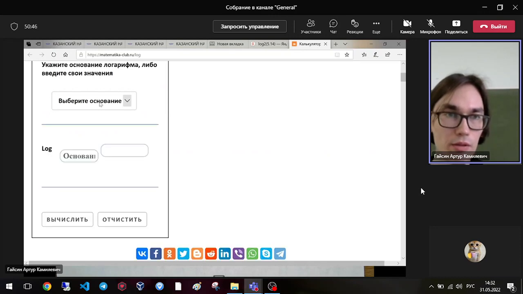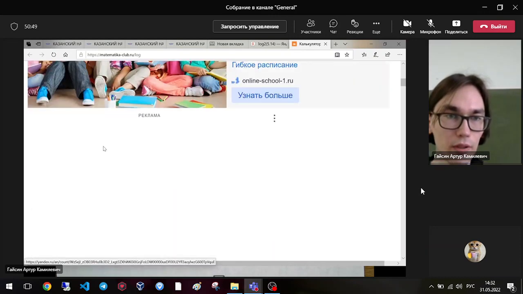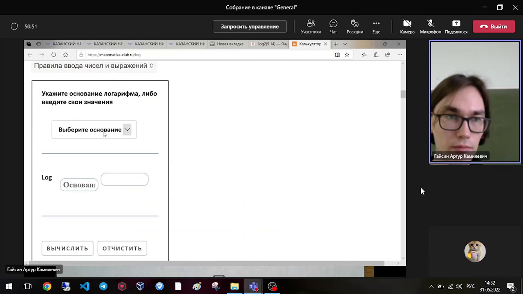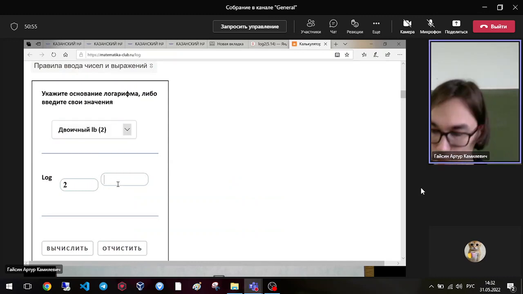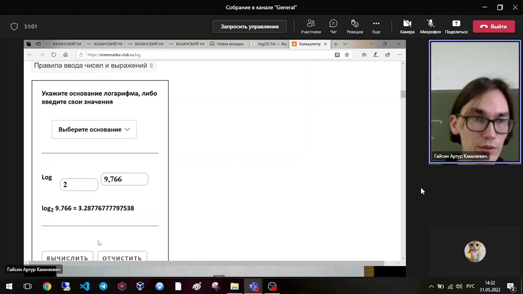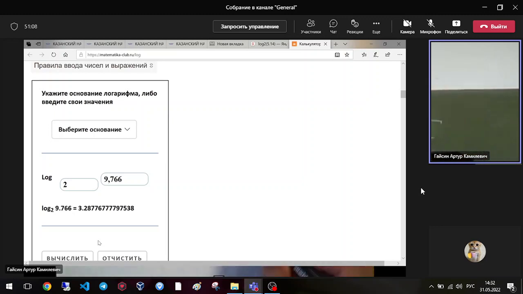So it is something like logarithm base 2 of 9.6. So it is something like 3.29.